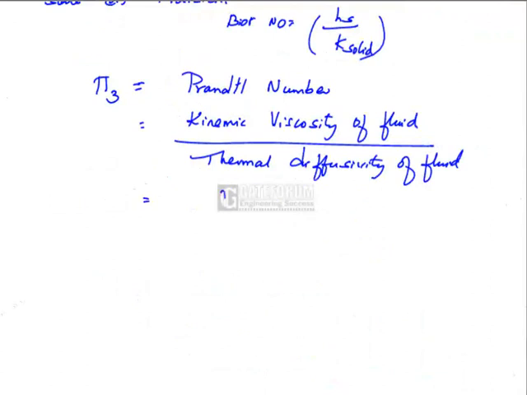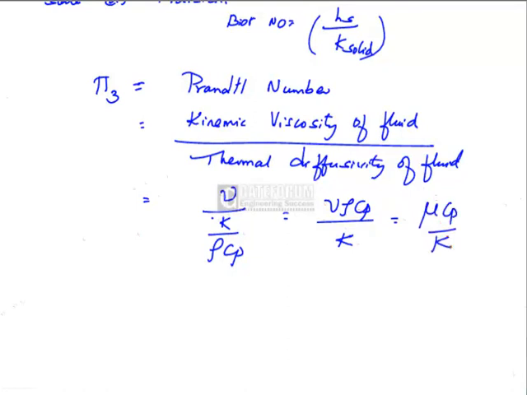What is kinematic viscosity? Nu. What is thermal diffusivity? Thermal conductivity by thermal capacity, that is k divided by rho Cp. Nu into rho Cp by k. The result is mu Cp by k, because nu into rho is dynamic viscosity.